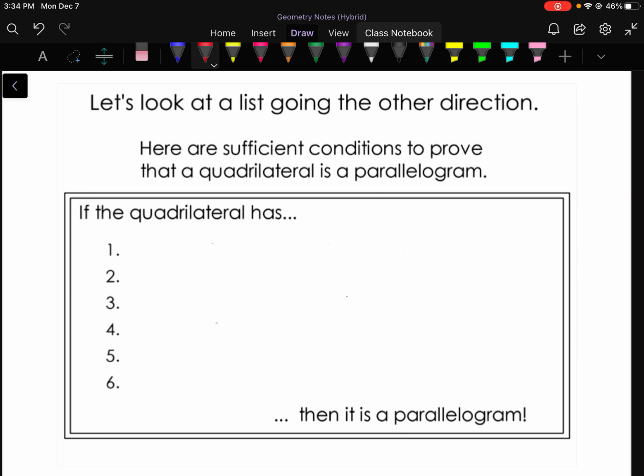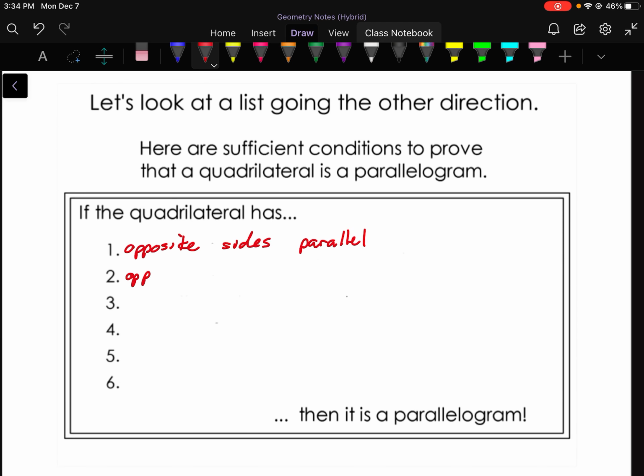So if we have a quadrilateral and we have opposite sides parallel, then we have a parallelogram.